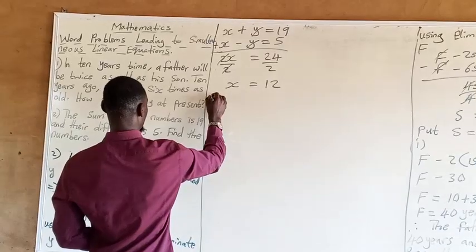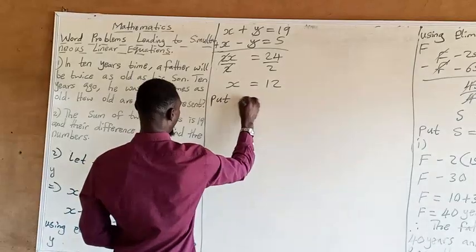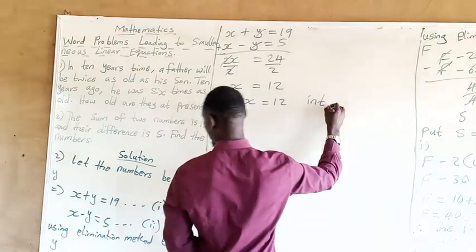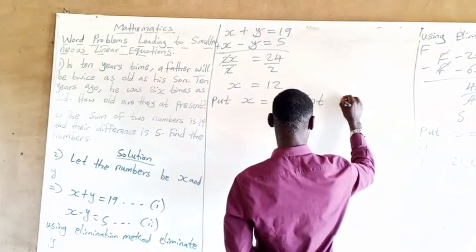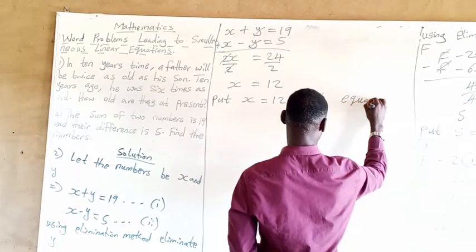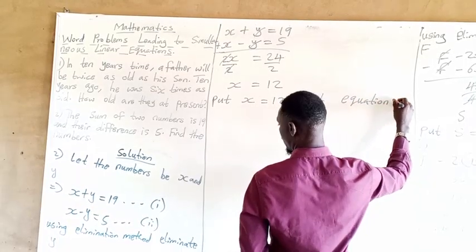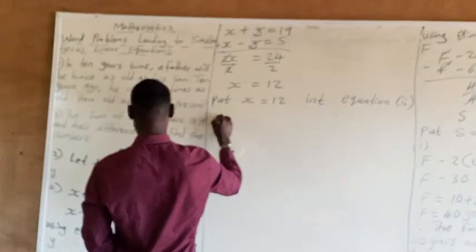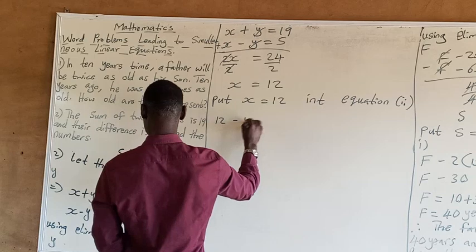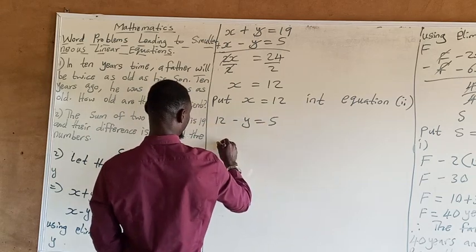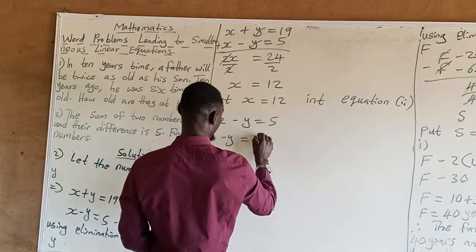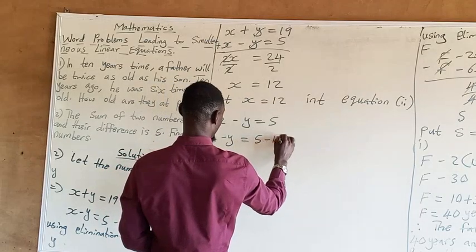Now, put x is equal to 12 into equation 2. I told you, you can take any one. Now, we have 12 minus y is equal to 5. We have minus y is equal to 5 minus 12.